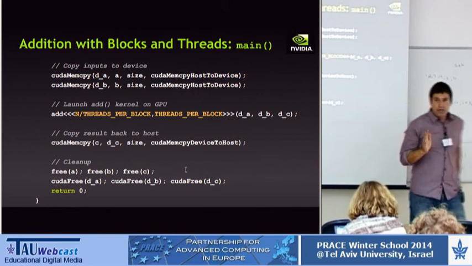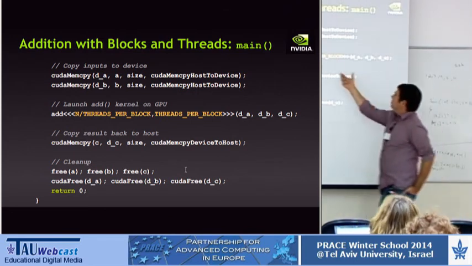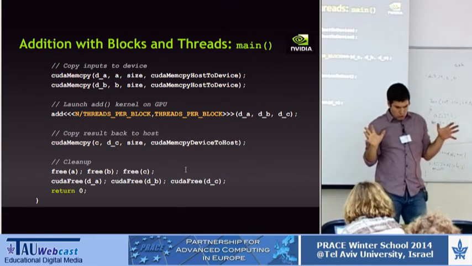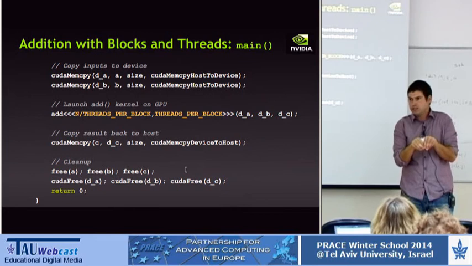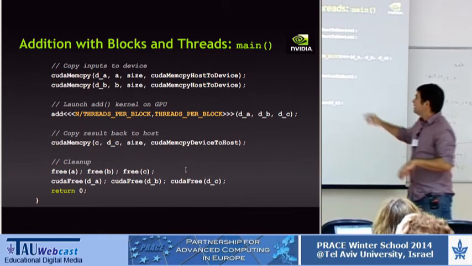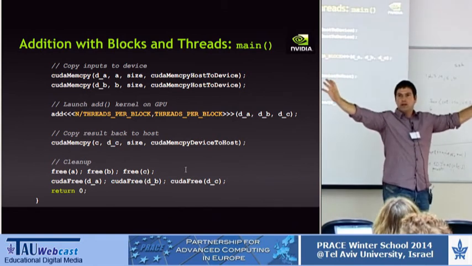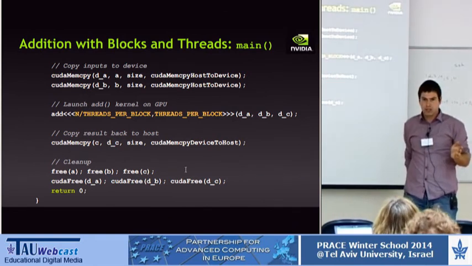So again, we cannot really cover it now. But the way it's mapped is that threads that are in the same block are mapped to cores that are close together. This is why they can cooperate and synchronize. And different blocks can sometimes run on cores that are far apart and cannot share any data. They don't know anything about each other.